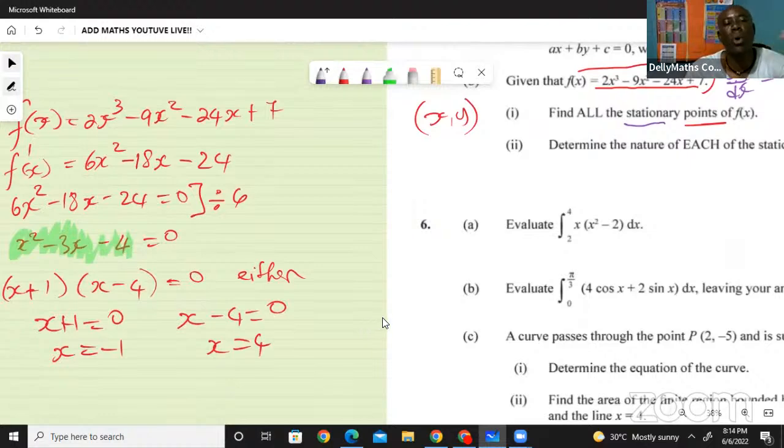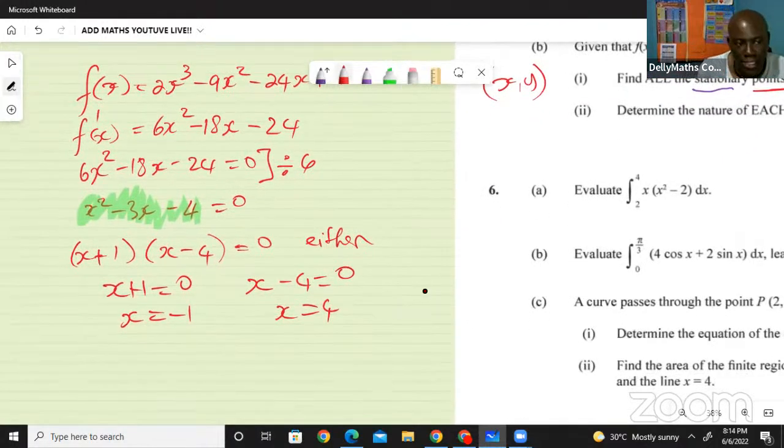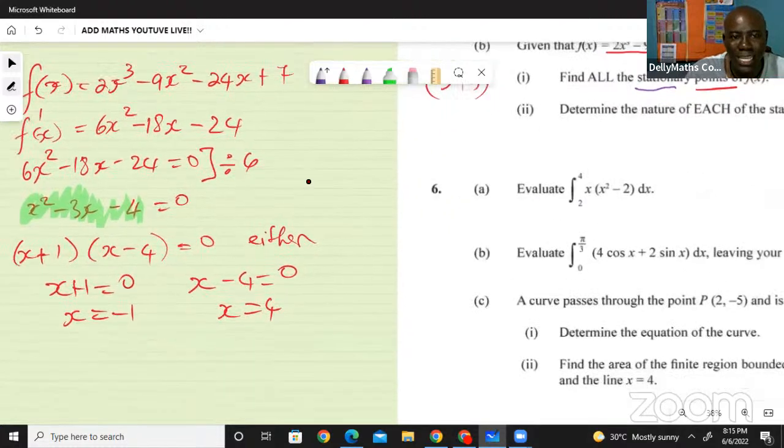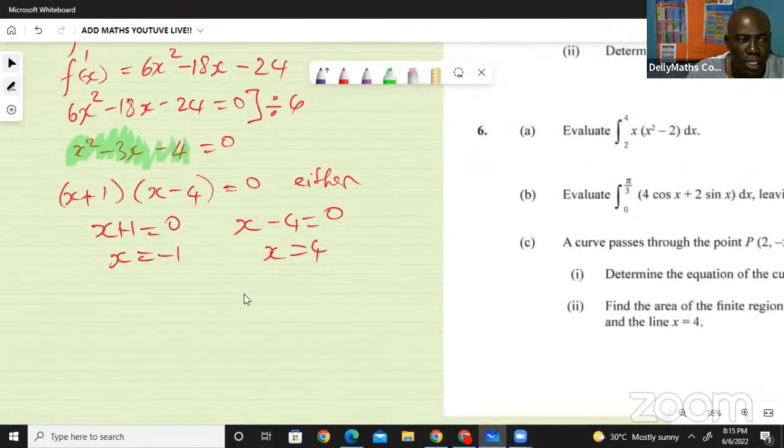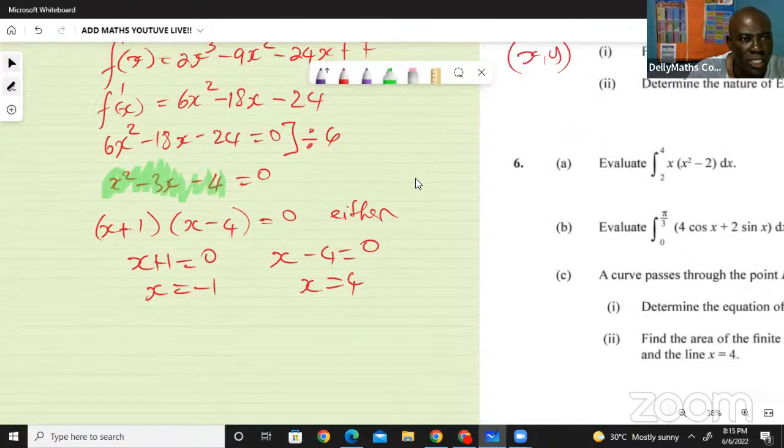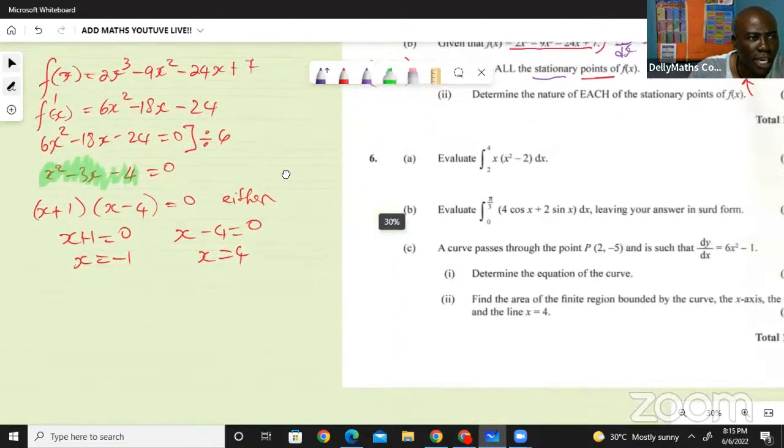So I'm going to have to go back and evaluate f of negative 1 and evaluate f of 4, getting the respective y values, and then I would have the points at the stationary. Don't want to make an error, because you can make errors easily.